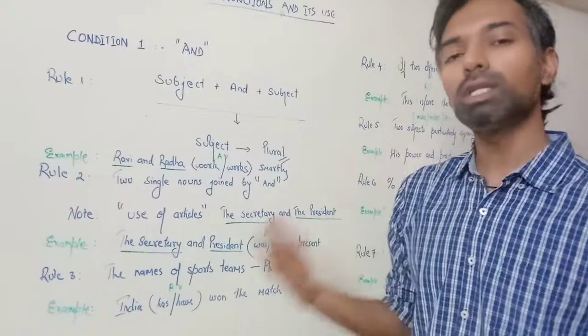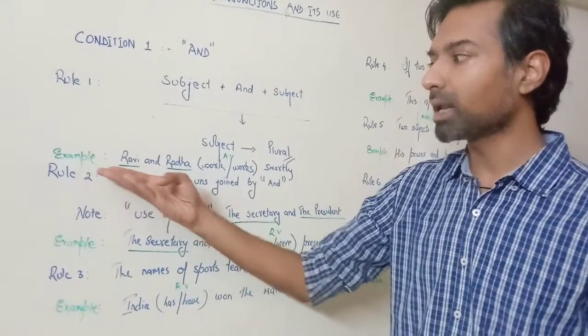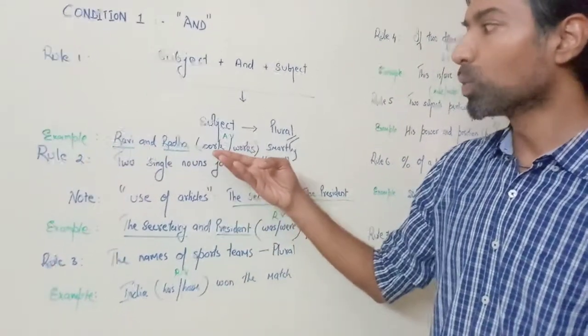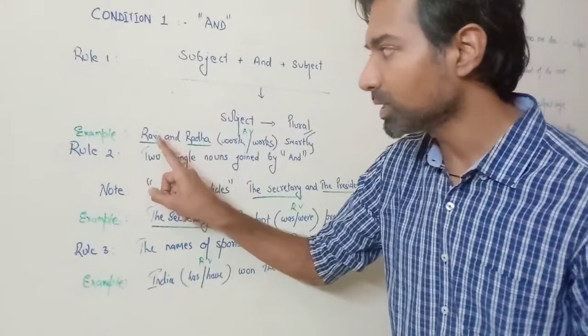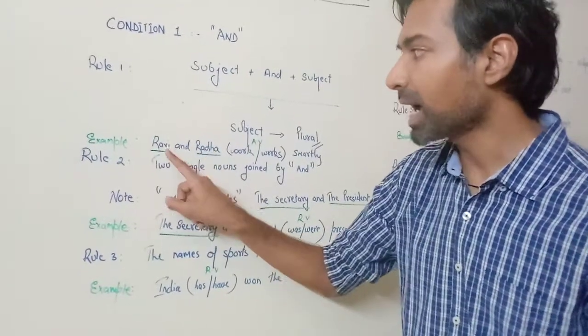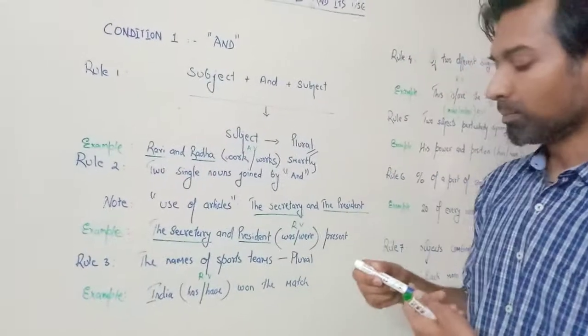So if I had to put it into an example, the example can be Ravi and Radha works smartly. So logically, when I have and between two single subjects here, that makes it plural.